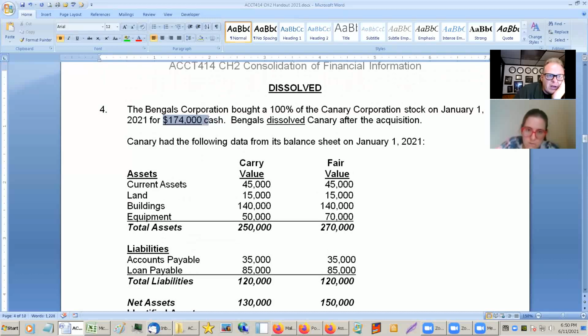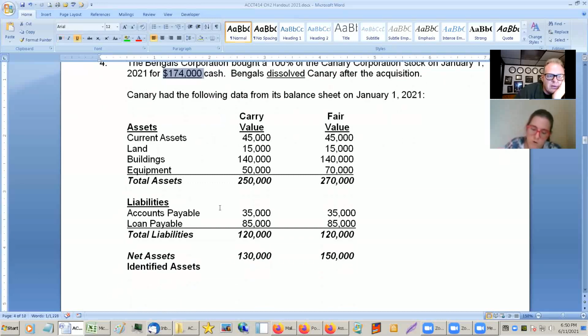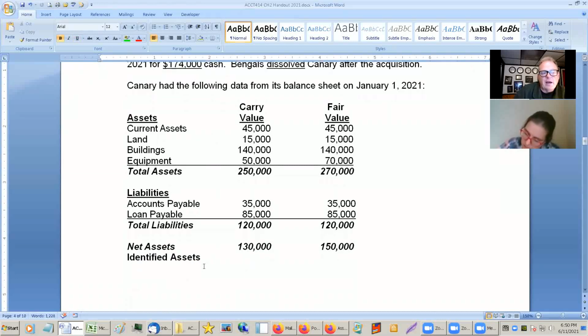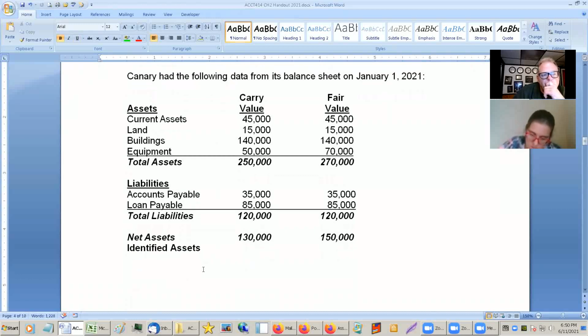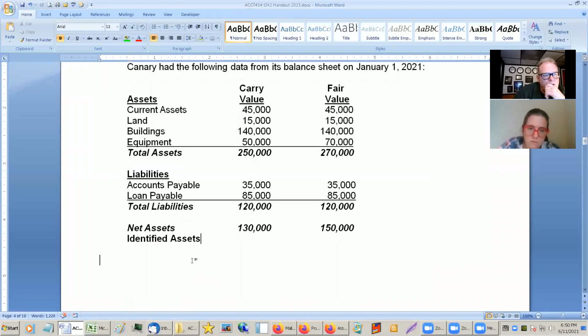This is when you paid more than the identified assets. So in other words, there must be some unidentified assets. And I think I'm going to put it the same way that the other one was. So consideration paid, I think was cash, right?